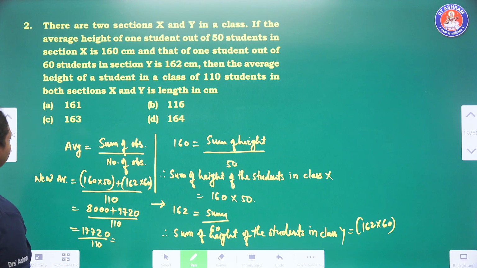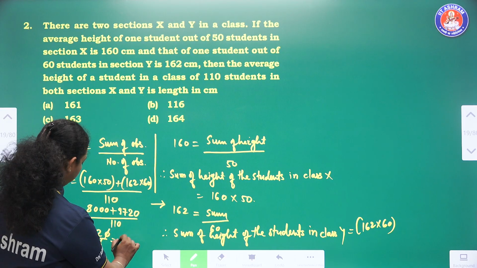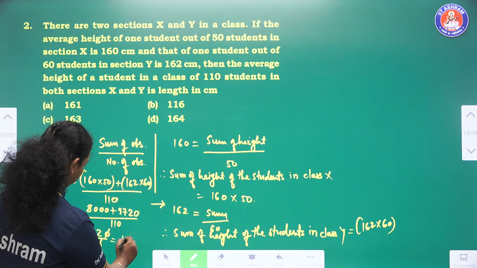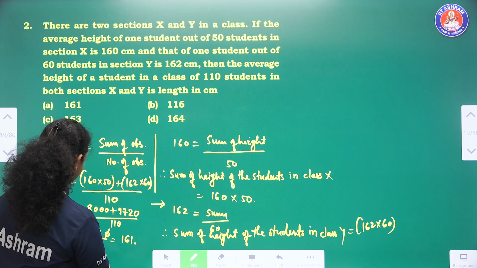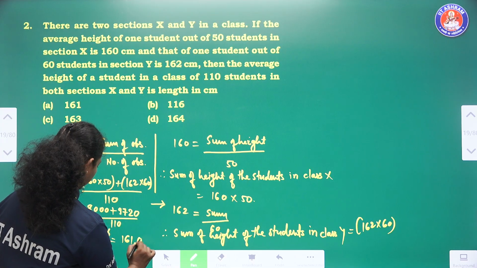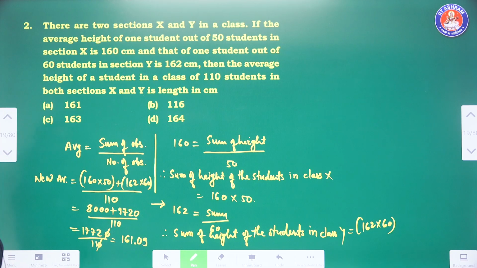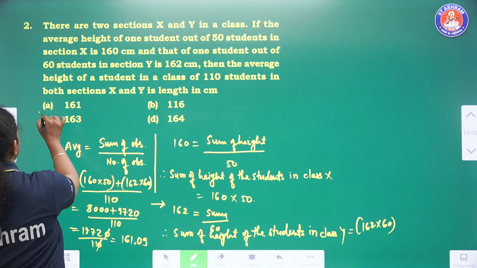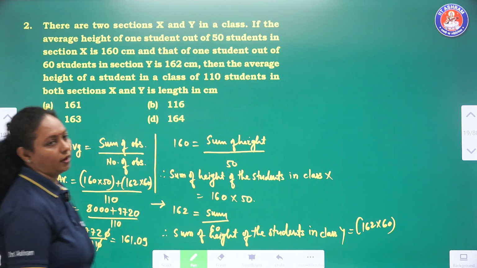So it is approximately, the zeros cancel out, 11 ones are, so it is 161.09 something. So near about option is 161. So the correct answer is option A, 161.